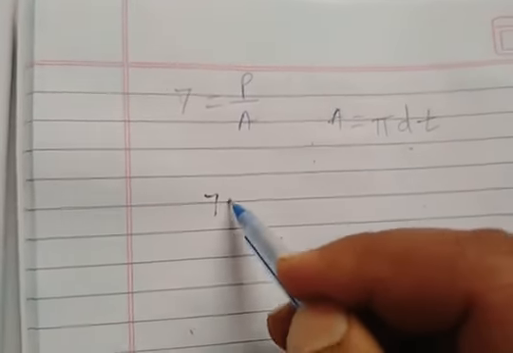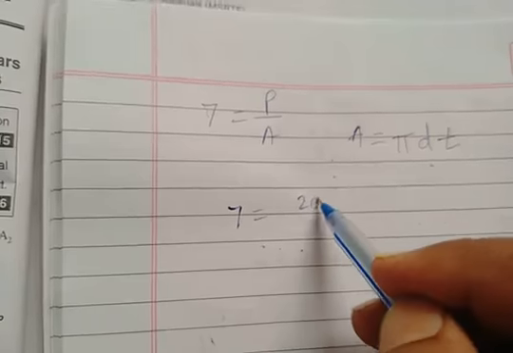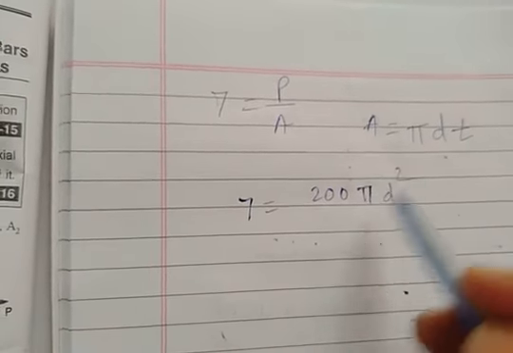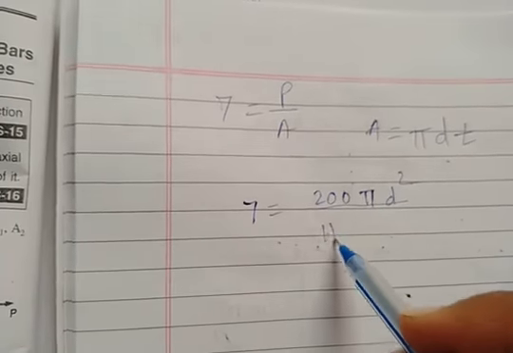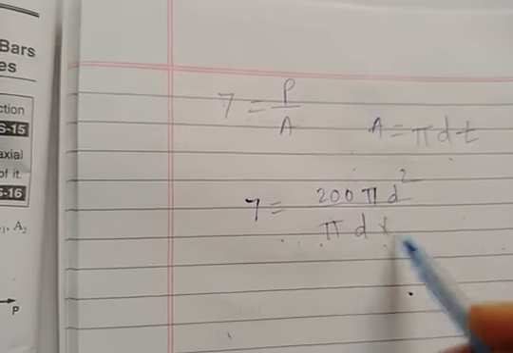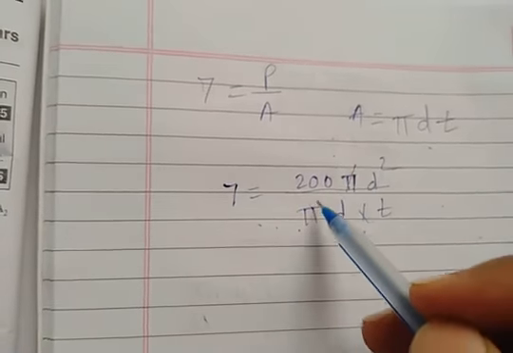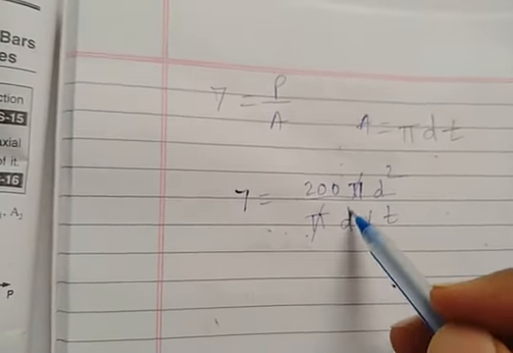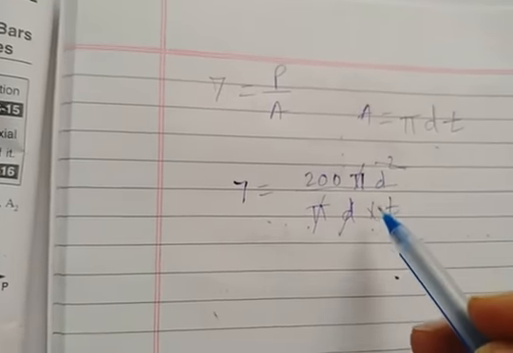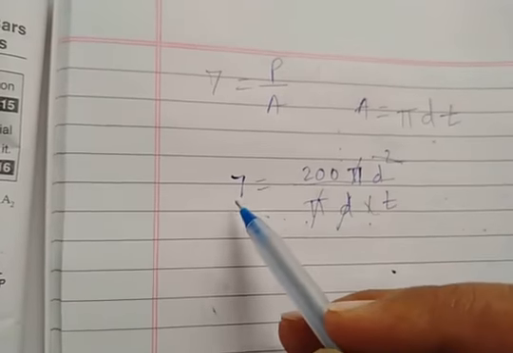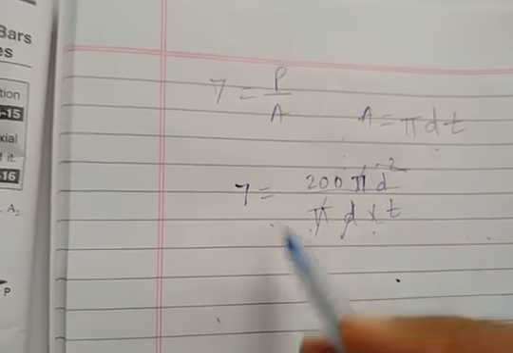Putting the value of P, the equation will be 200 into pi d square upon pi into d into t. Pi will get cancelled, and one d is also cancelled.